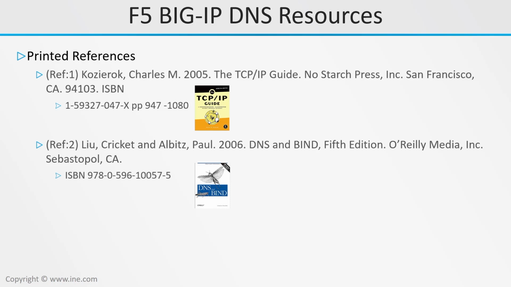Specifically DNS and BIND, 5th edition by O'Reilly, and this really just includes some of why DNS was implemented, or some of the challenges, and what were some of the architecting options for DNS and BIND. So great material to go through if you're interested in that.